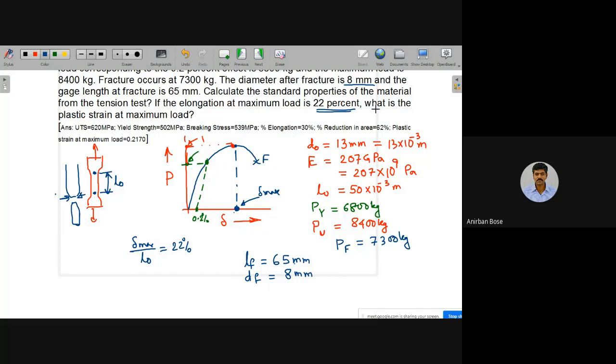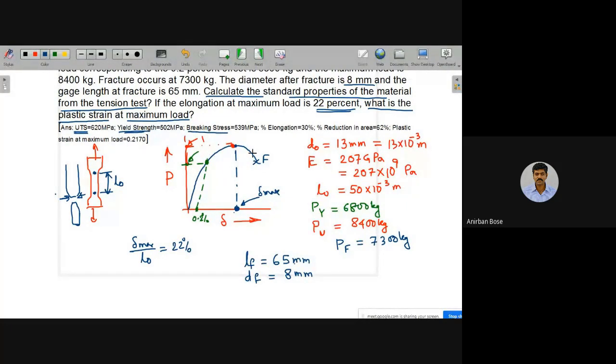What you have to find out? The question is, what is the plastic strain at the maximum load? That is one of the questions. And there is another part of the question: calculate the standard properties of the material from the tension test. Generally ultimate tensile strength is very important, yield strength is another very important property, right?